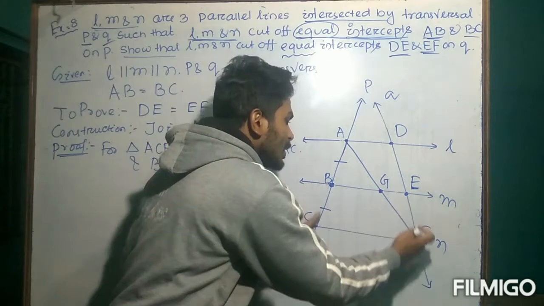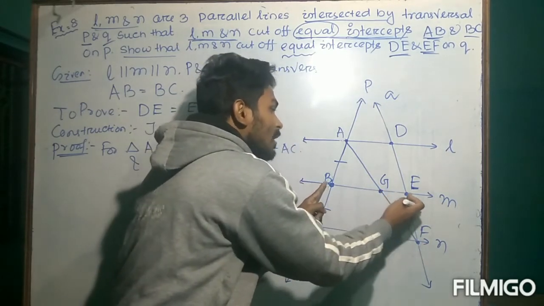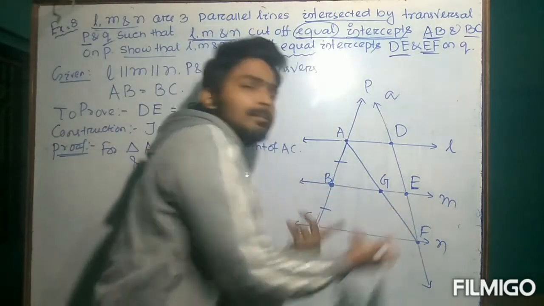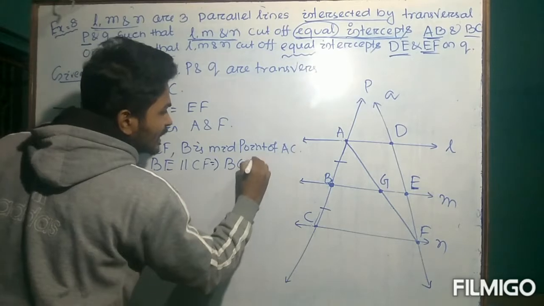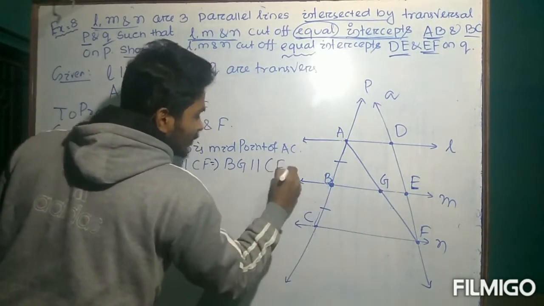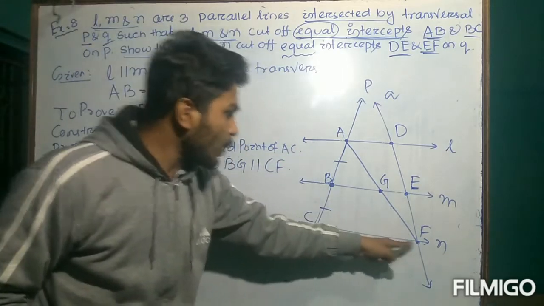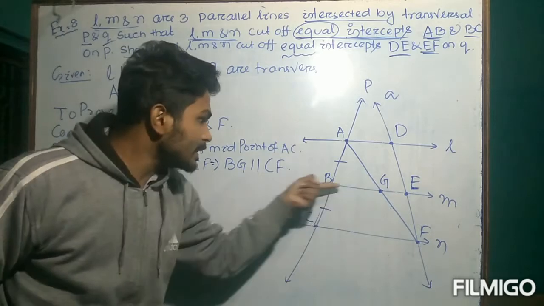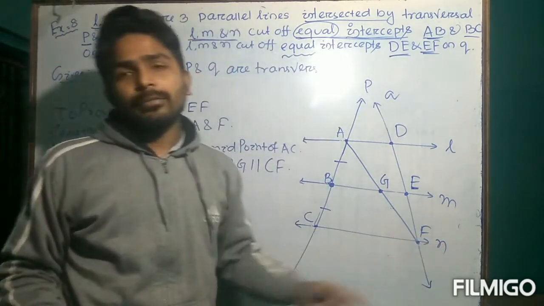If BE is parallel to CF, then BG, which is a part of BE, is also parallel to CF. So BG is parallel to CF. Are you clear? So in the triangle ACF, we have got that B is the midpoint of AC and BG is parallel to the third side CF.